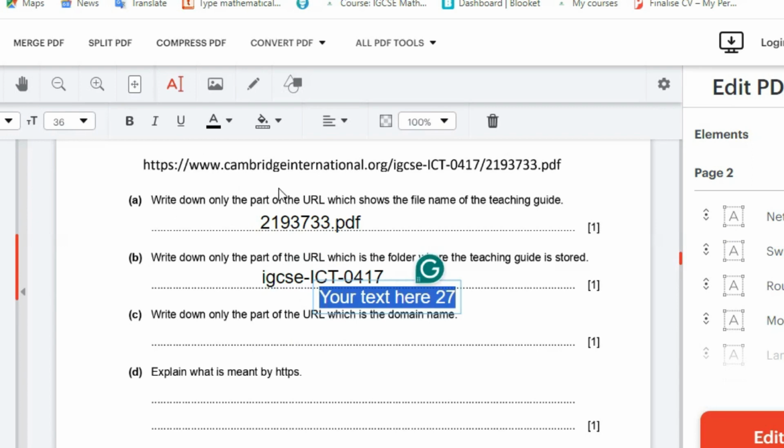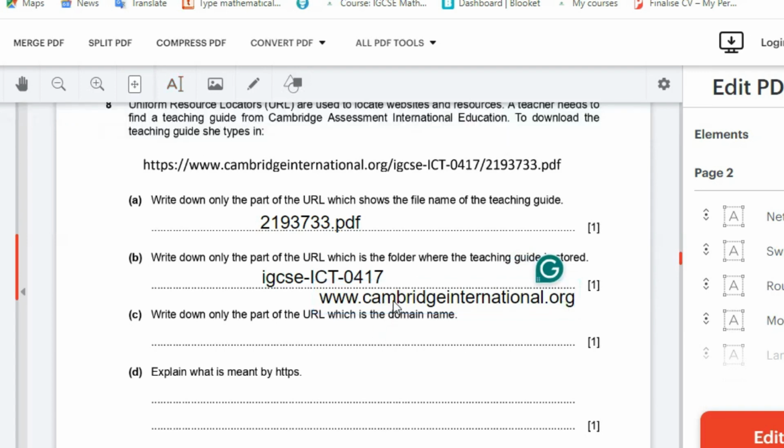So which one is the website name here? www.cambridgeinternational.org. That is the domain name.